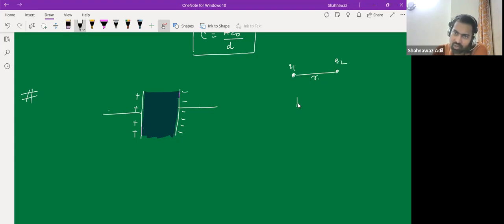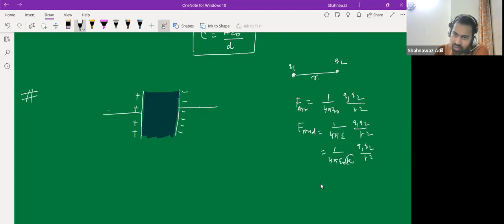In air it is 1 by 4 pi epsilon naught, Q1 Q2 by R square. But whenever I put it in a medium, this becomes 1 by 4 pi epsilon, Q1 Q2 by R square, which becomes 1 by 4 pi epsilon naught K, and then Q1 Q2 by R square. So this K is the dielectric constant.